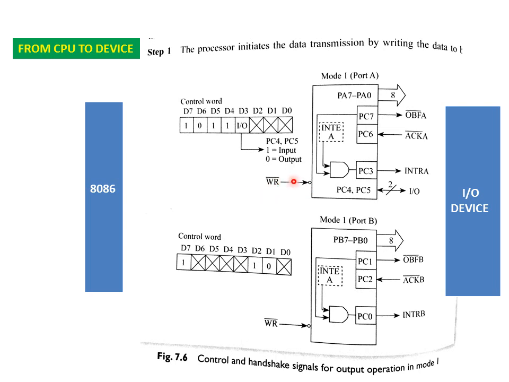Once the port A or port B address is found, the data is placed on the data bus, then it enables the WR signal, and then writes the data on port A or port B. That's the first step. Now the data is with port A in this diagram, or port B in this diagram.